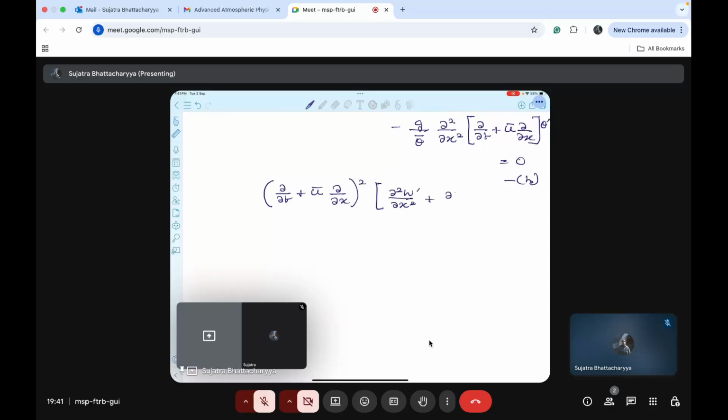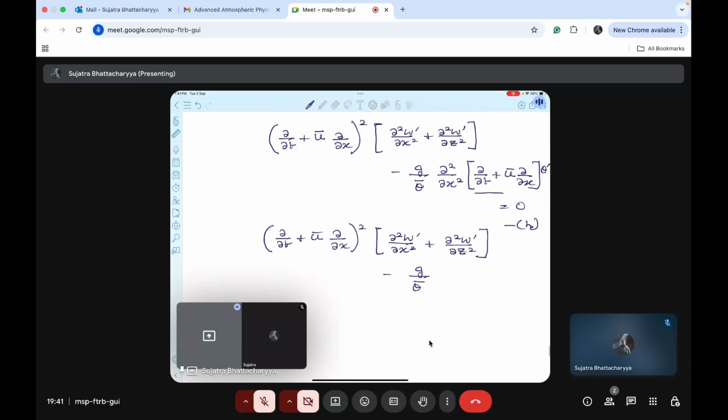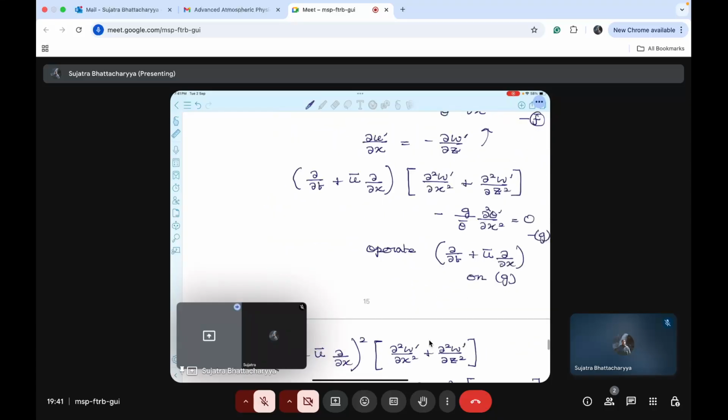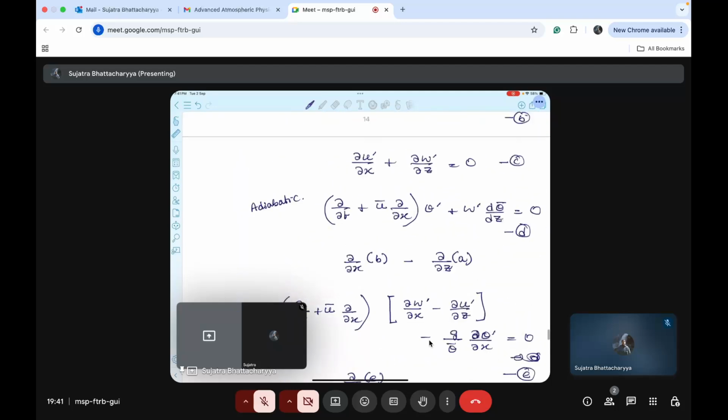Plus theta bar. Okay, and you have, see, del del t plus u bar del del x of theta. Can we have this expression? Yes. See this. This is nothing but, so from D you can write.